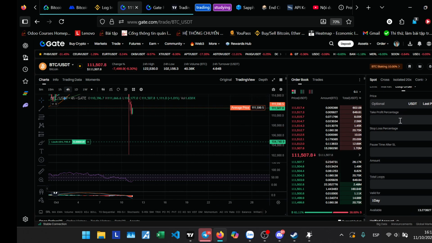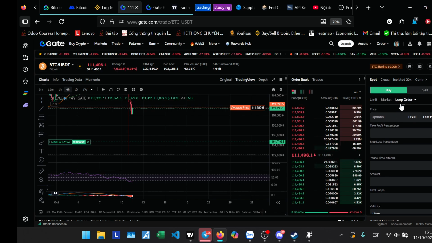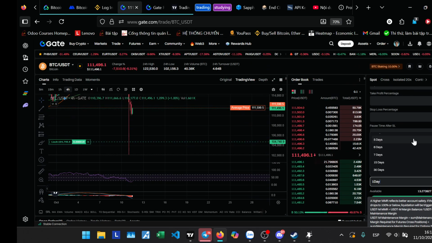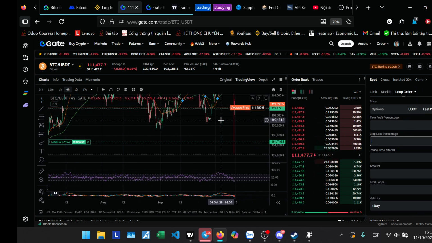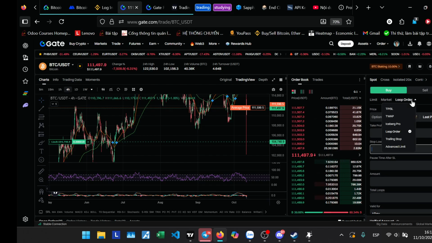Blue orders are a little bit tricky. Basically you just put in an order, buy or sell, and hit that. It's very similar to limit orders.